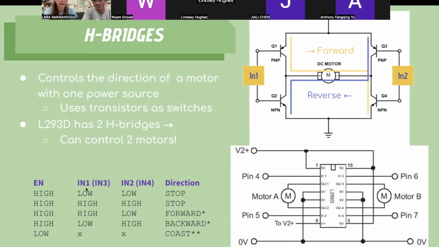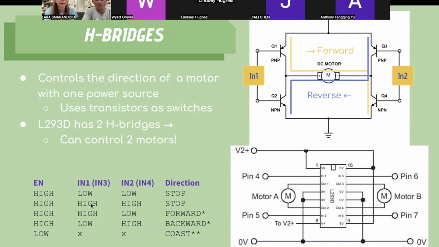Each pair, as in IN1, IN2, and then IN3, IN4, corresponds to 1 motor. And you can change whether you drive each one high or low. The combination of the two will tell the motors whether to go forwards, backwards, or stop.